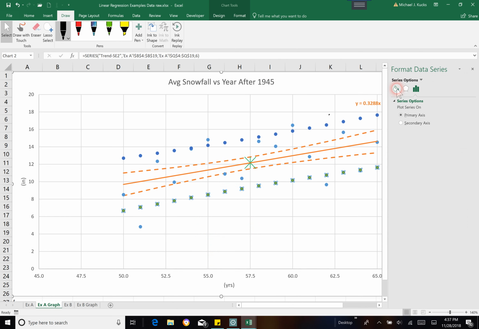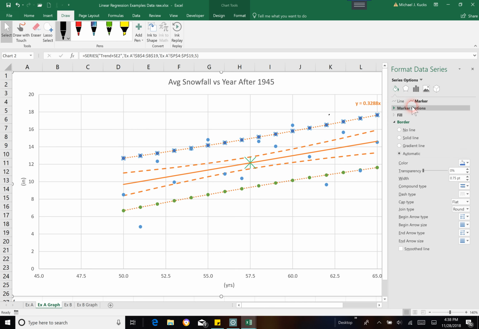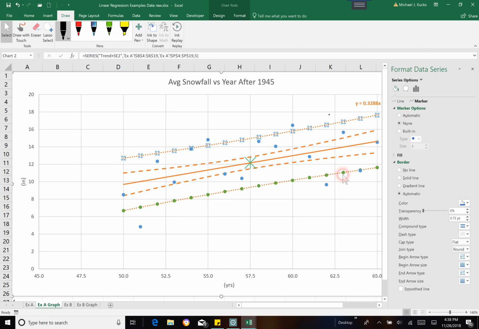Format data series. Let's see, we want a solid line, but we'll make it a different dash. Okay, a little bit different dash. And maybe I'll make it even smaller. There we go, make it that dash. And then we're going to do the same thing with this guy, solid line, make it this dash. And then we're going to turn off the markers. Then we go back and turn these markers off.